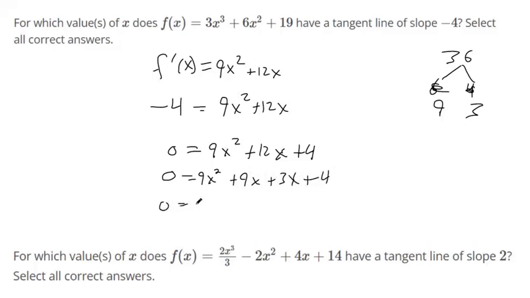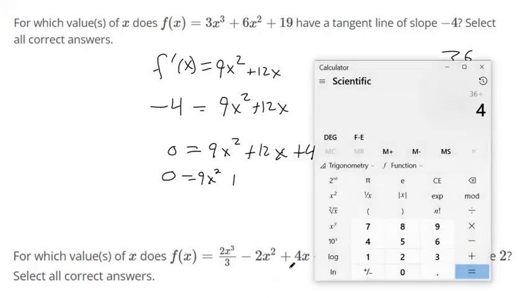Because if you factor by grouping, this first group, you can take out a 9 and an x. I don't think that's going to work either. Oh my gosh. 9 times 3 makes 27. I'm not a very good math teacher. I don't know. 36 divided by 4.